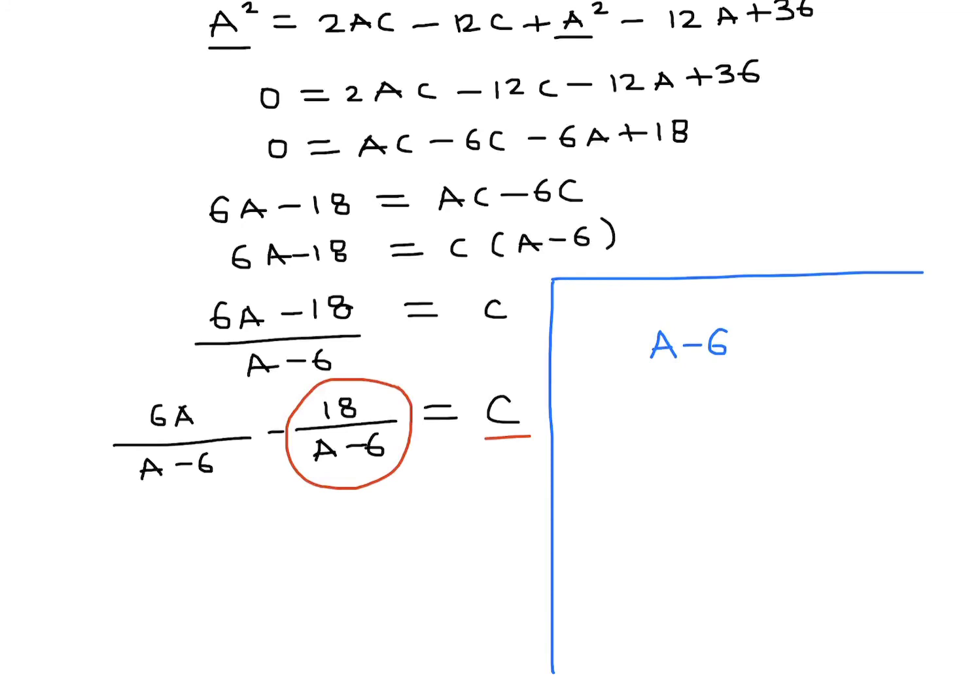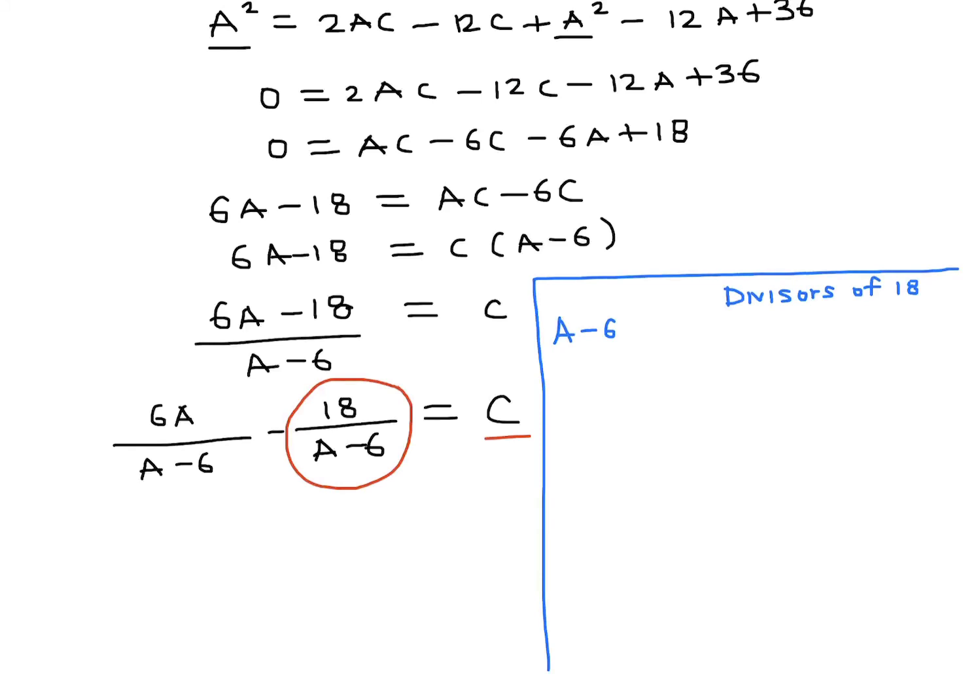So what are the divisors? We have 18, 9, 6, 3, 2, and 1. If a minus 6 is equal to any of these, this would give an integer, and most likely c would become an integer also.